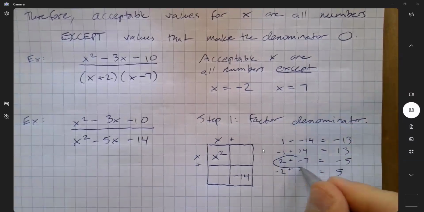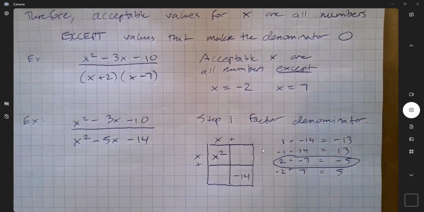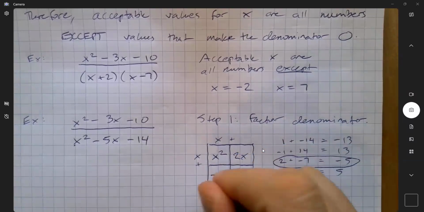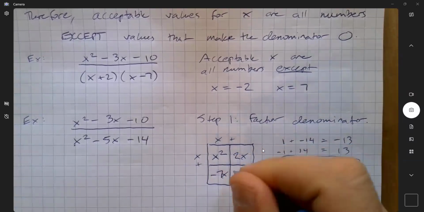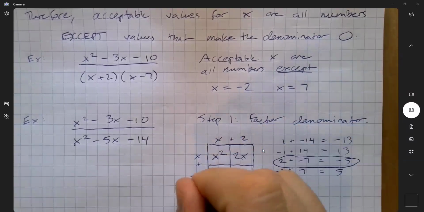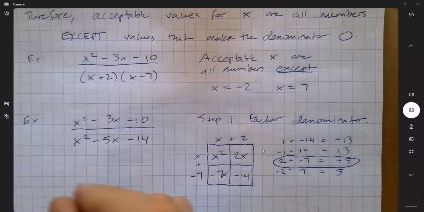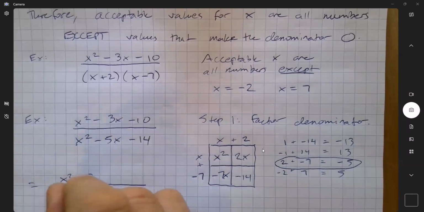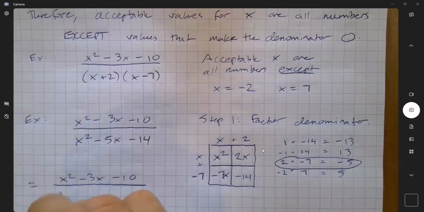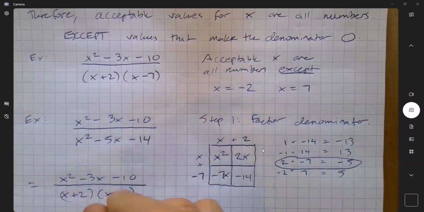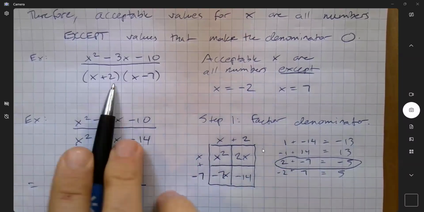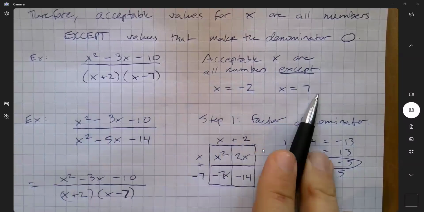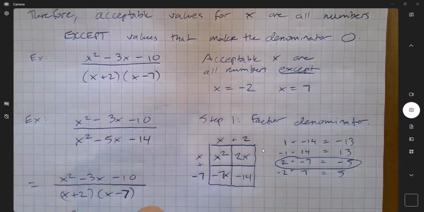This one right there. +2 and -7, so I have a 2x and a -7x. I have an x plus 2 and an x minus 7. So my rational expression is equal to x squared minus 3x minus 10 over x plus 2 times x minus 7. And I picked this one specifically because we already know what the problem numbers are.